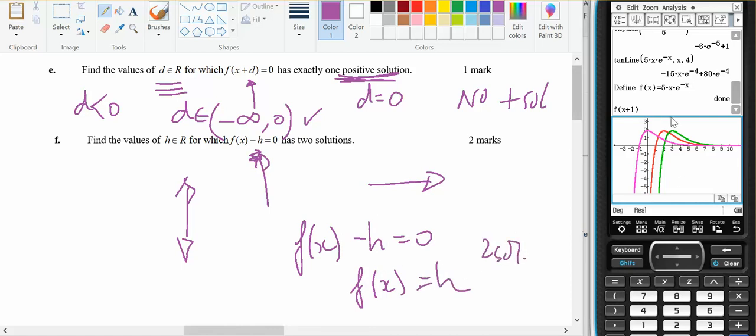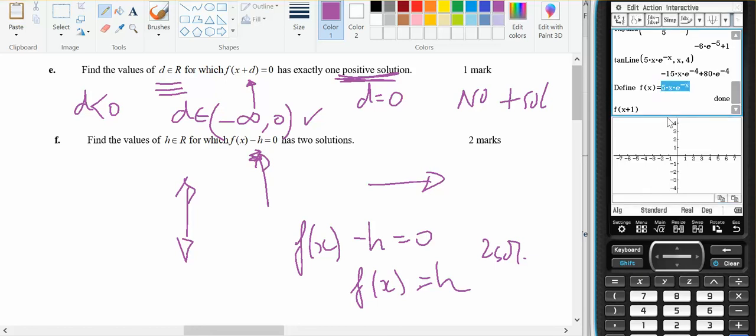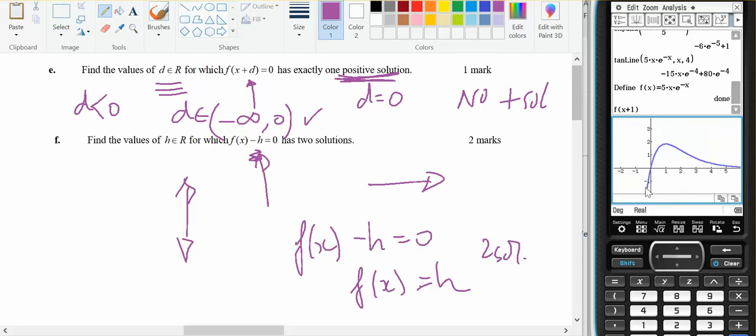Okay, so if I clear all that, and I grab this again, at the moment, h is 0, and I only have one solution, it's at the origin.